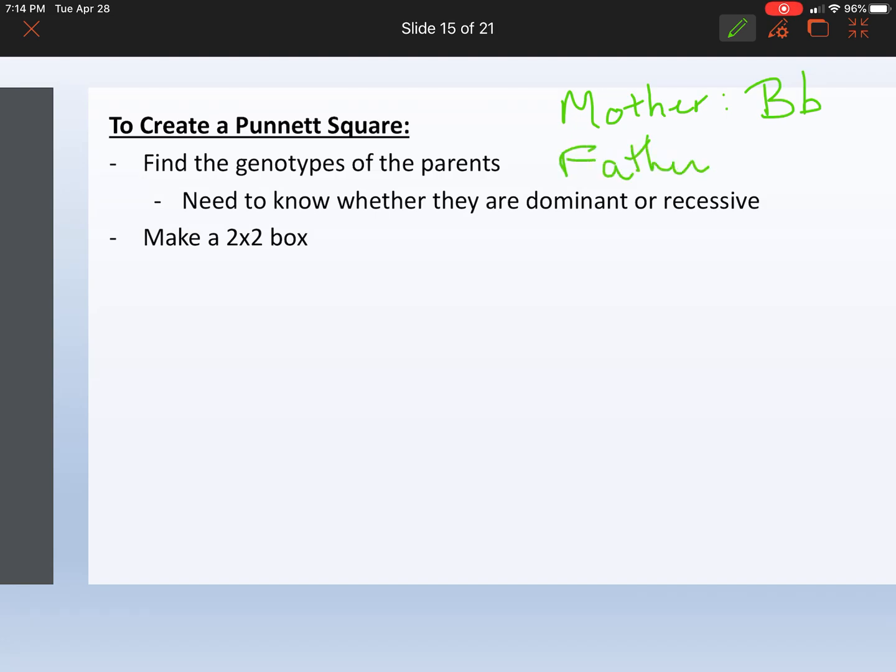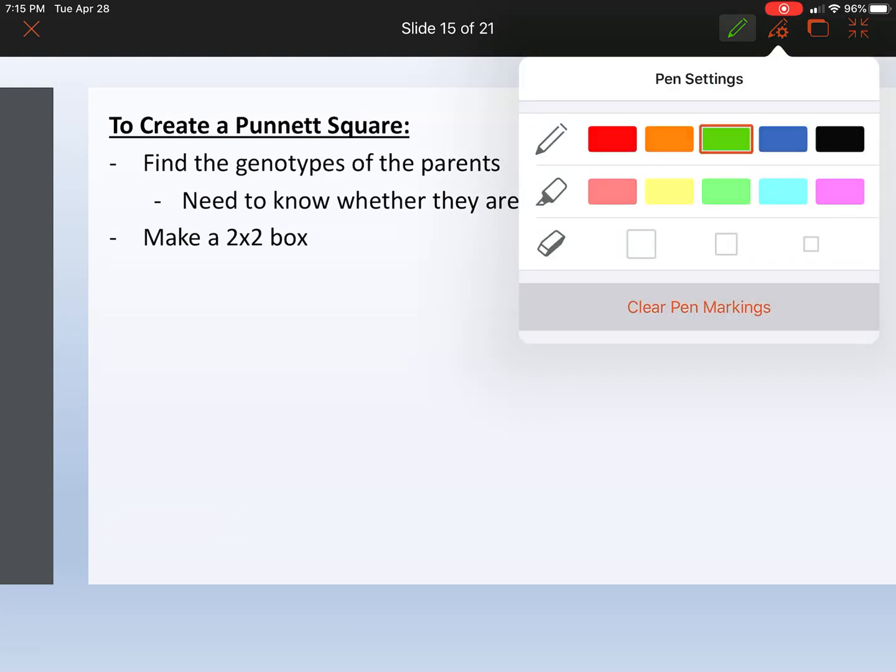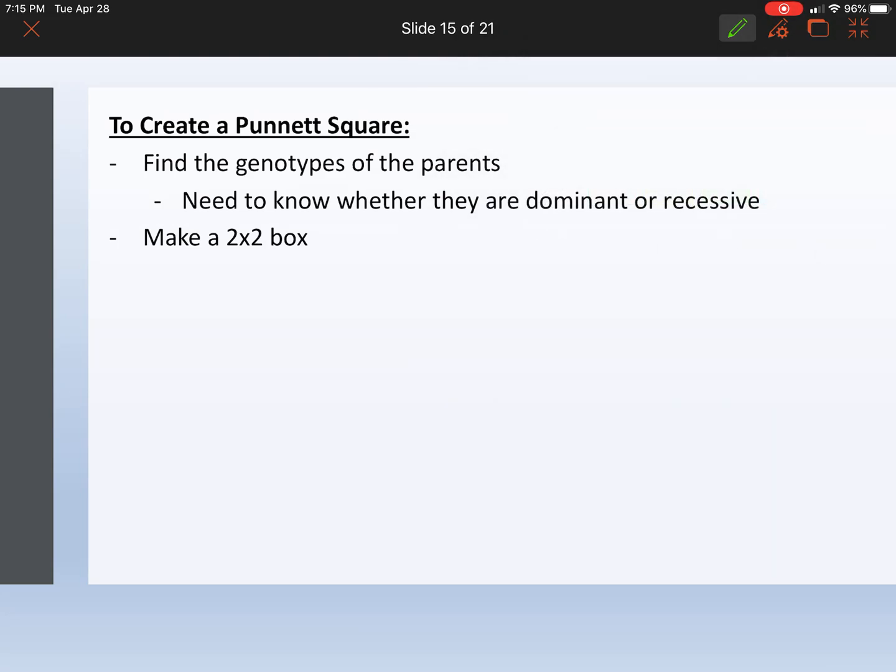Let's say the father is homozygous recessive, okay? So that's the one we're going to look at here. This would always be given to you, or would indicate somehow what it is.